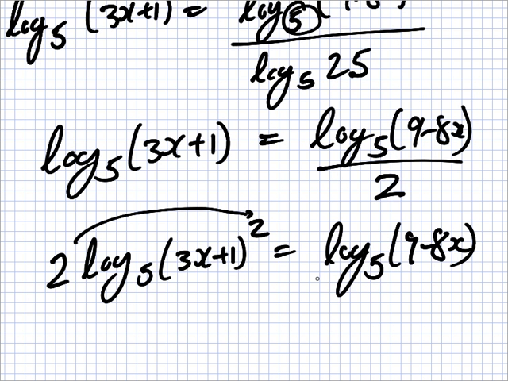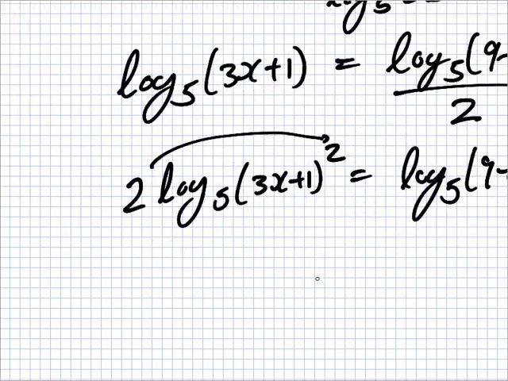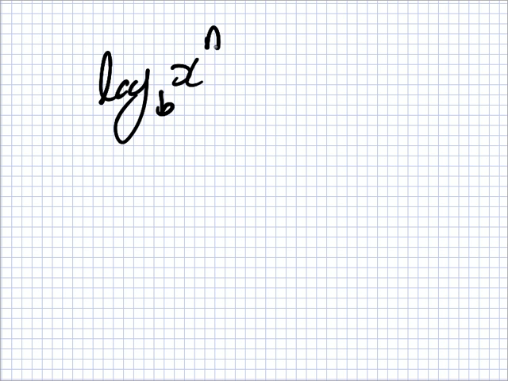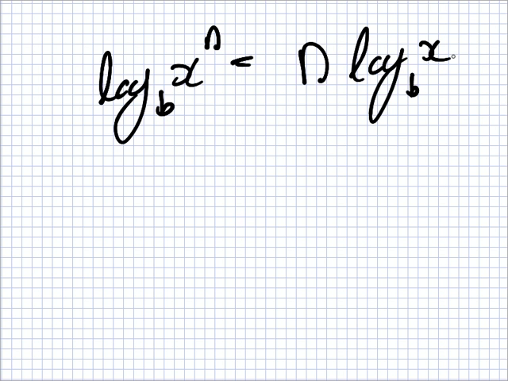You can't find it? Are you sure? I can't find the rule. Really? Okay. You might need to write this down then, Michelle. I'll write it here on the side for you. So the rule is, if you have log b of x to the n, that's equal to n log b of x, like that.